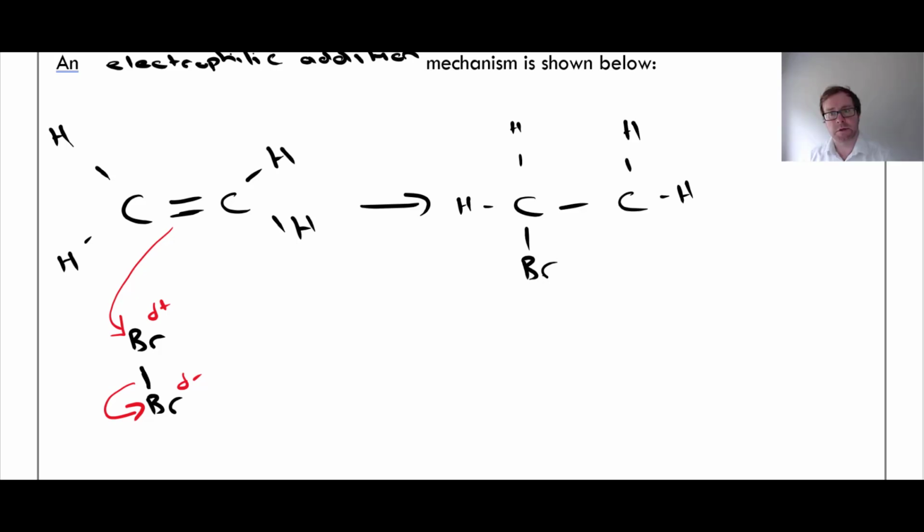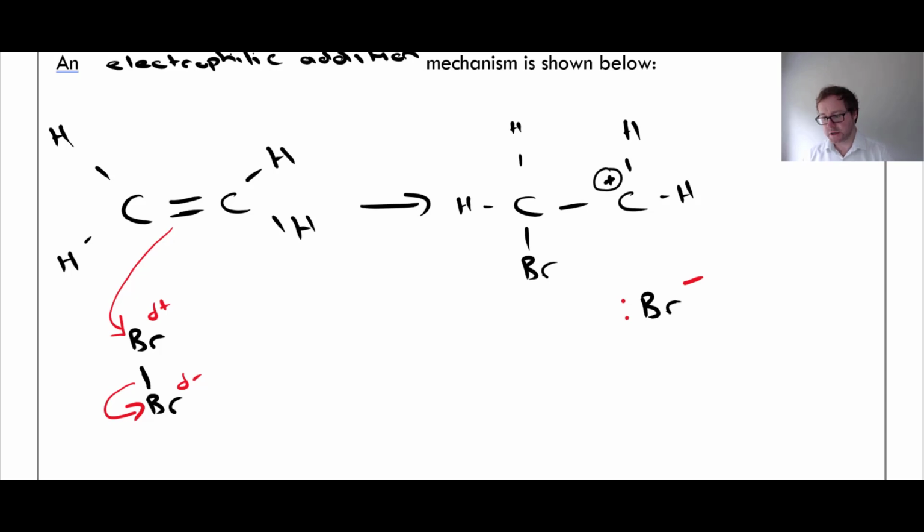This carbon atom still only has 2 bonds, so it's positively charged. However, I also have a Br on its own. It has a negative charge and a lone pair of electrons because both of these electrons have broken from this covalent bond and gone onto this bromine atom.